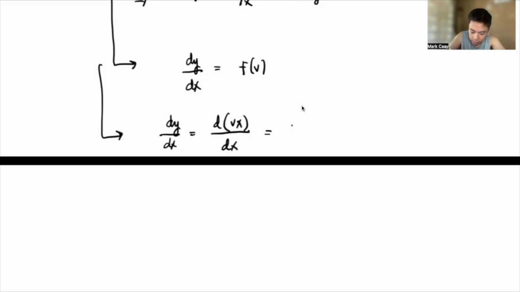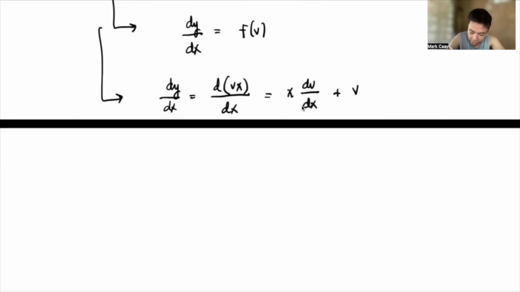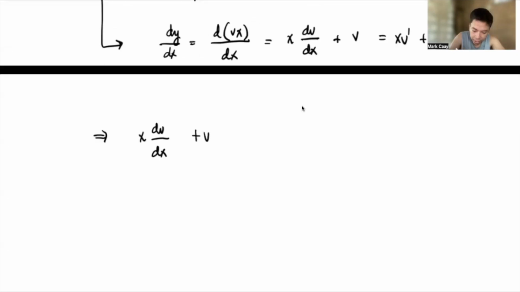So technically this is x dv/dx plus v, which is the same as writing x v prime plus v. Okay, so substituting this into our equation y prime equals f of v, we now get x dv/dx plus v equals f of v.